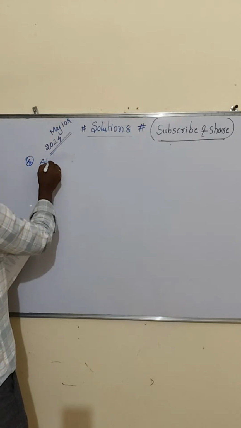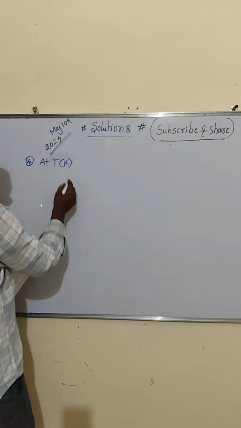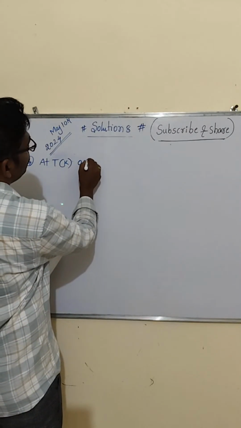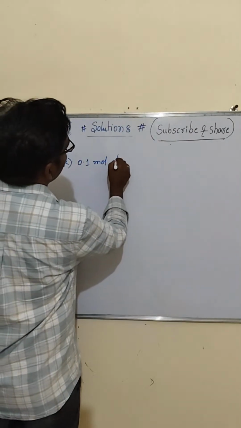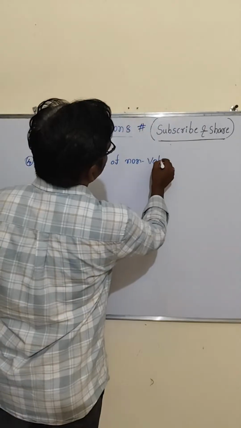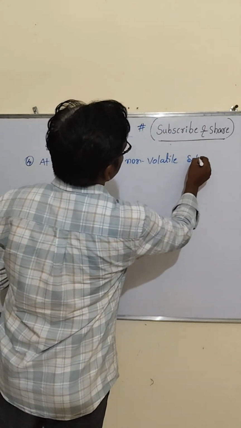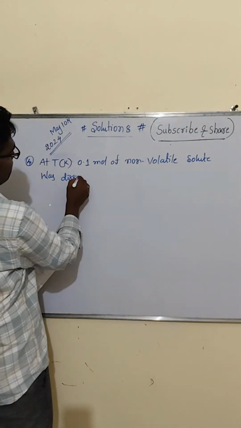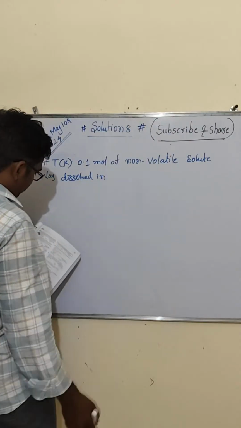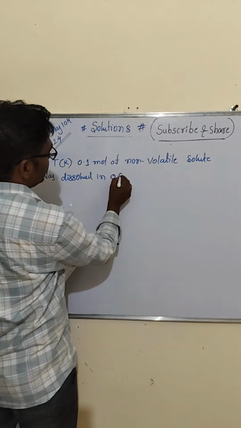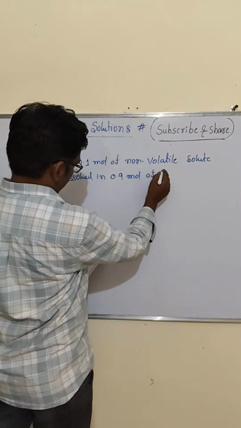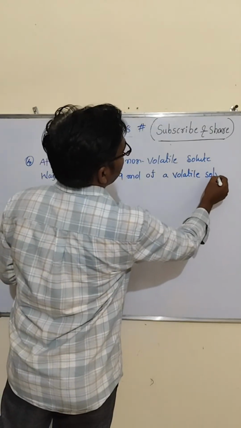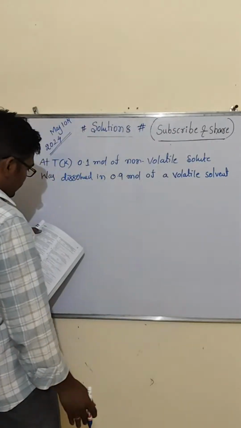At T kelvins, 0.1 mole of non-volatile solute was dissolved in 0.9 mole of a volatile solvent.